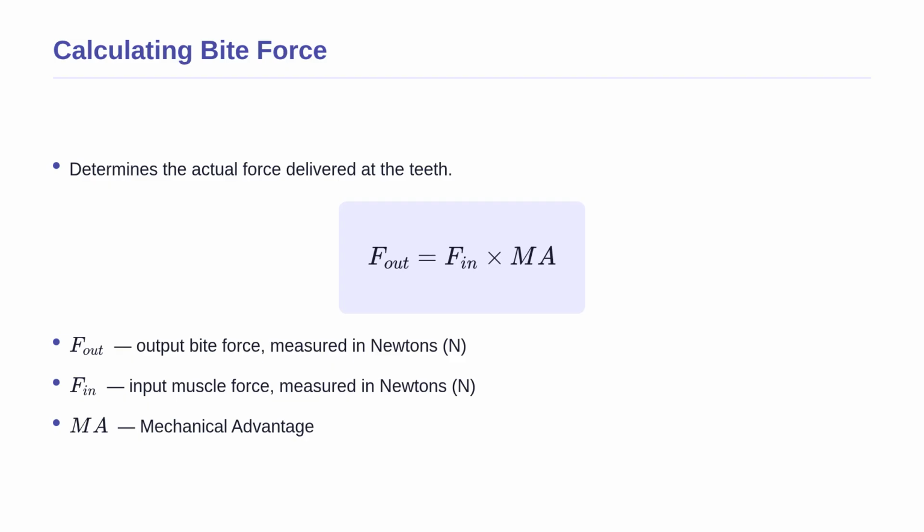MA is the mechanical advantage we just learned. This formula tells us in plain English that the final bite force is simply the muscle force multiplied by the mechanical efficiency of the jaw lever. If the mechanical advantage is less than 1, the bite force will be less than the muscle force, but the jaw gains a massive advantage in speed.